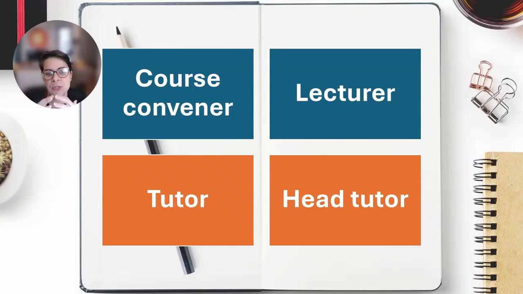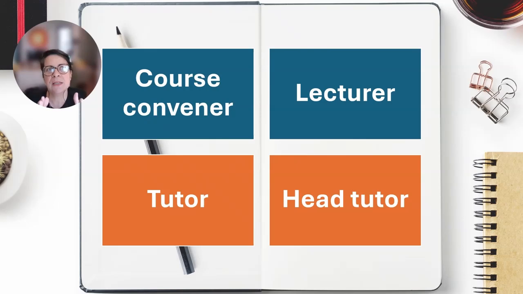What the head tutor does is, one of the tutors is designated the head tutor, and that means that a lot of administrative stuff is done by the head tutor. So the head tutor is giving help to your convener with a lot of, let's say, student emails, or when students have specific questions.